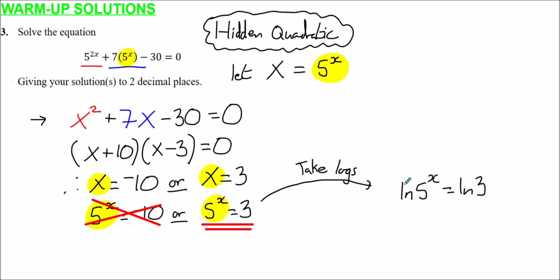Now, if we've taken the log of something to the power of something else, we can bring the power to the front. So this is the same as saying x ln 5 equals ln 3. Therefore, if we divide both sides of this by ln 5, we see that x will equal ln 3 divided by ln 5.